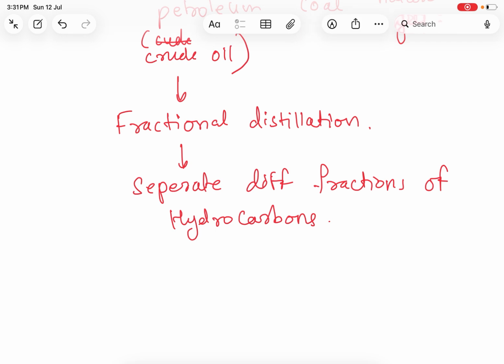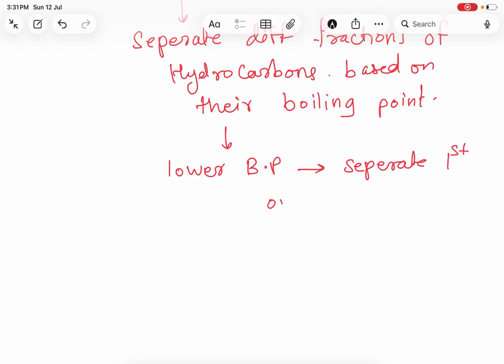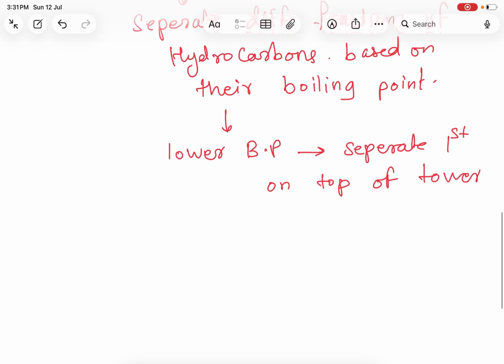So petroleum is a mixture of hydrocarbons, and when it undergoes fractional distillation, it separates all the fractions of the hydrocarbons based on their boiling point. The one with the lower boiling point will separate first, on top of the fractionating tower.